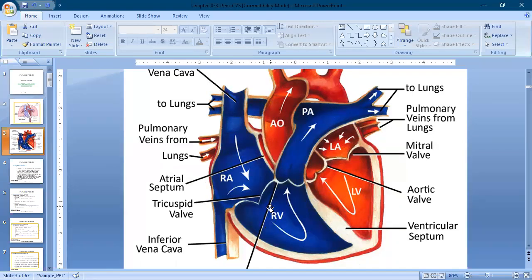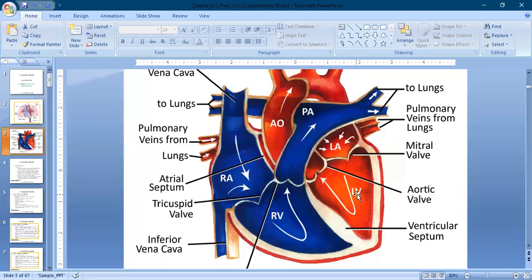Another problem sometimes occurs. This is the right ventricle. This is the left ventricle, separated by the ventricular septum. Unfortunately, in some babies the ventricular septum is not intact. An opening is there. Then again, deoxygenated blood and oxygenated blood mix, right?